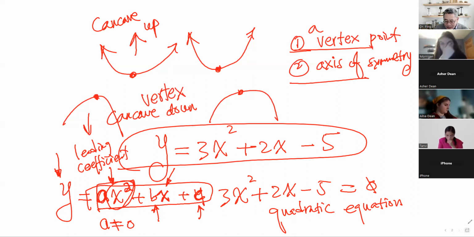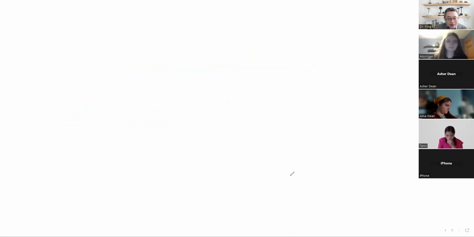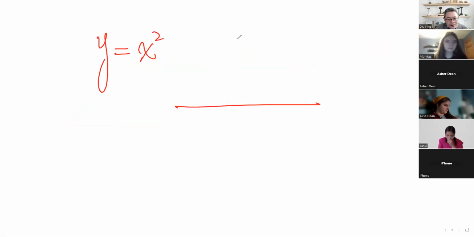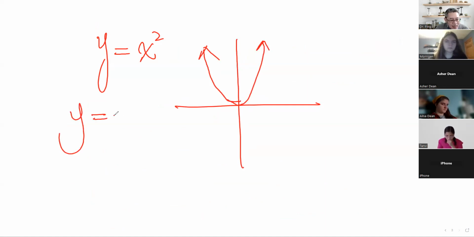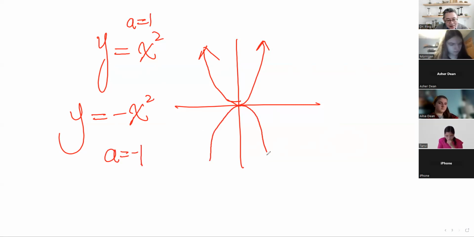We can look at a simple way: y equals x squared. We did that early on. This is going like that. Now, if y is negative x squared, so we know this a is 1, here the a is negative 1, then it's actually going down like that.